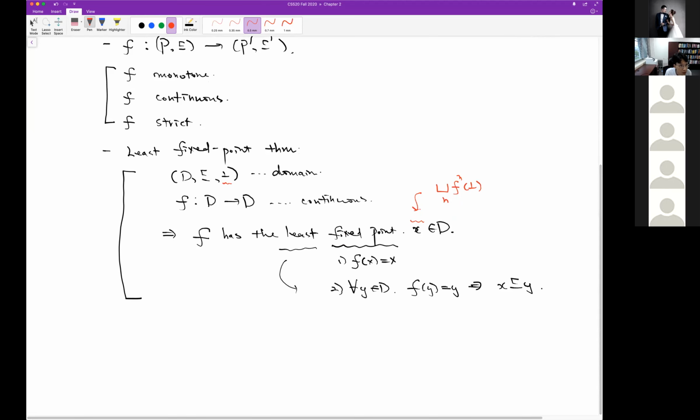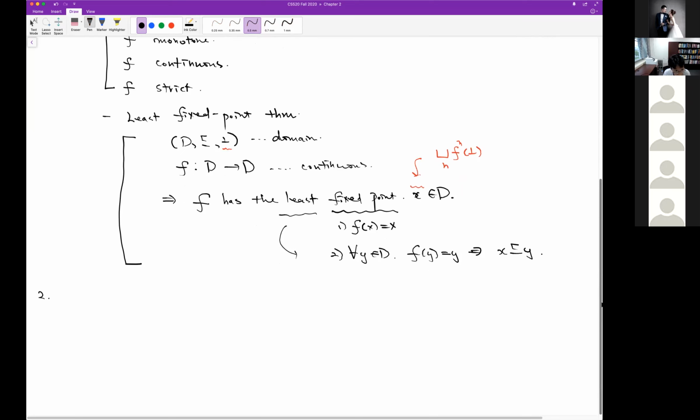Now we will study a little bit more. The first thing I want to look at is to get some intuitions about continuity. Let's think about some function f.